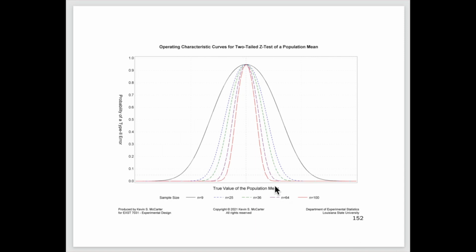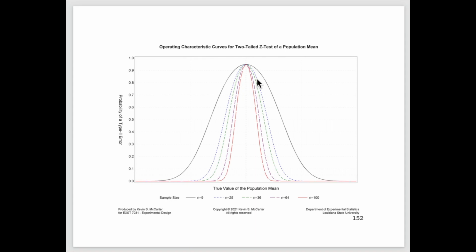Now let's consider the effect of sample size, and let's consider a particular value of mu. I'm going to use my cursor here. Let's suppose that we have a value of mu about right here. You can see that if we only have 9 observations, then the probability of committing a type 2 error is very, very high. But if we increase the sample size to 25 observations, then the probability of committing a type 2 error decreases.